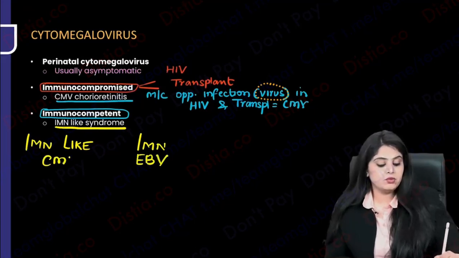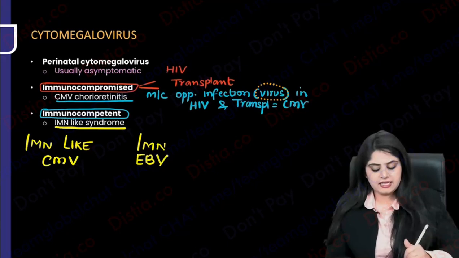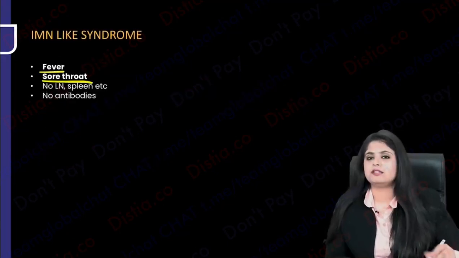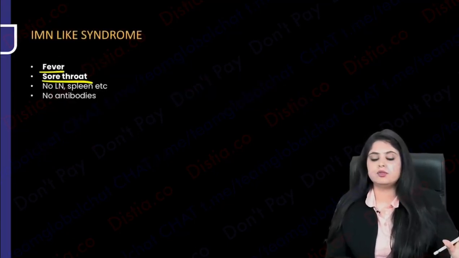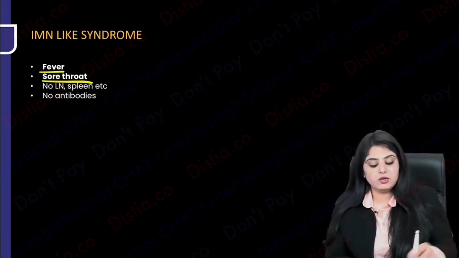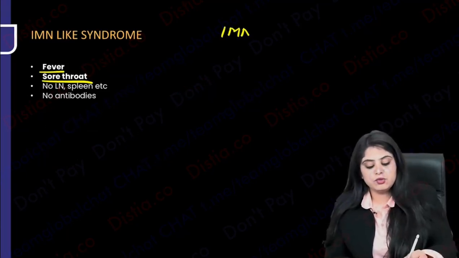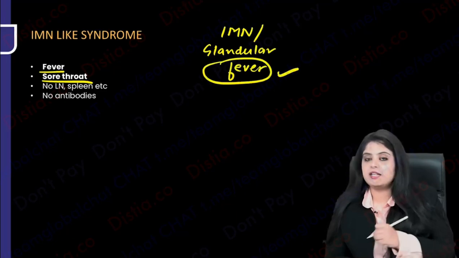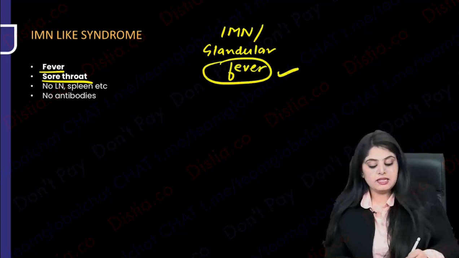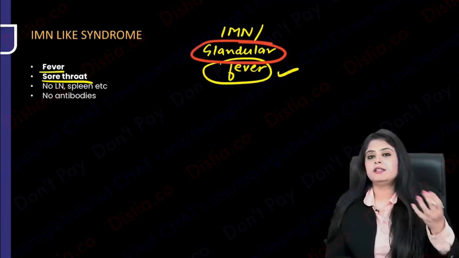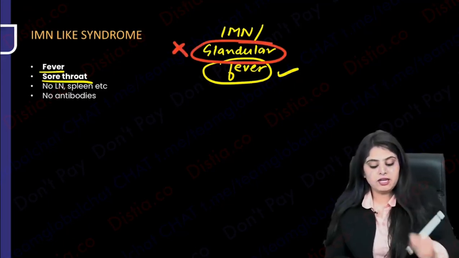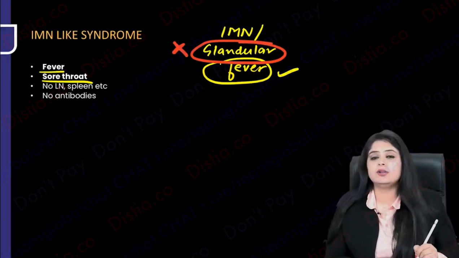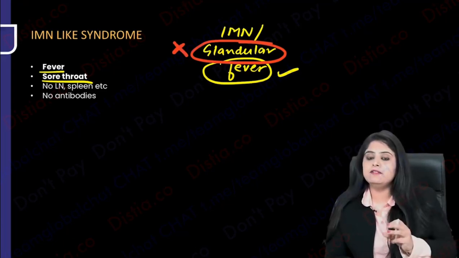And infectious mononucleosis-like means what? There are minor things. Little fever and sore throat is still there, but big things are not there. So guys, tell me, what was the other name of infectious mononucleosis? It was glandular fever. So you will say, ma'am, the fever element is there, but the main thing, that is the salivary gland, the lymph node, the spleen, that element is not there. Especially lymph node and spleen is not there. So remember, the glandular element is not there, but the fever element is there.